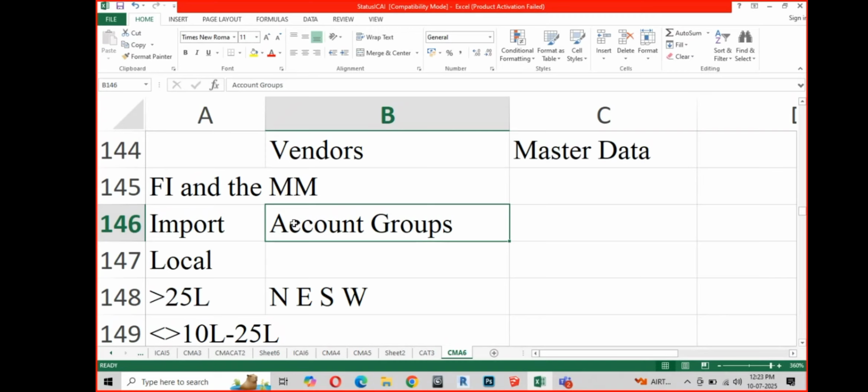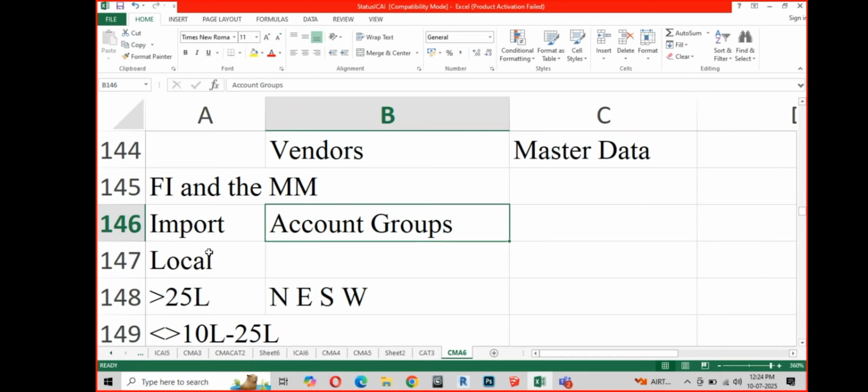Because in the big time vendors, you have various concepts pouring in from your material management side also through the purchase department. But for your small time vendors, do you have any information flowing or required from the purchase department? You don't. So you handle it only from the finance angle, only from the finance department, because you're paying them money.